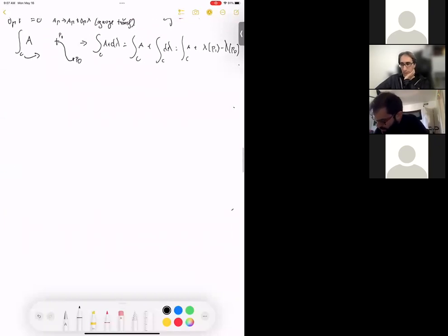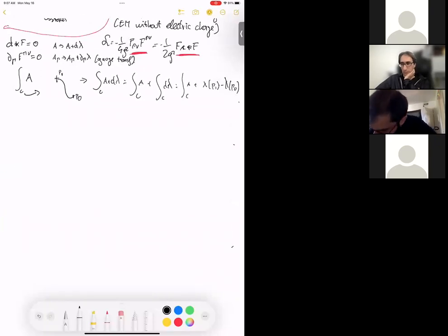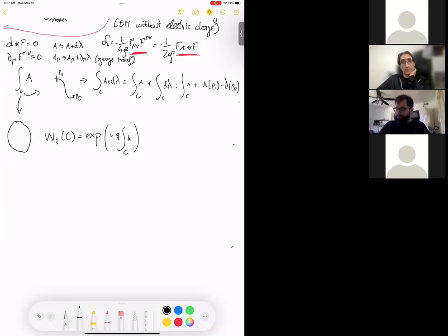But what if I just take a curve C, which is a closed loop? Then there's no problem. And actually, people introduce these operators, which they call Wilson lines, that depend on a curve C, and they are described as the exponential of i Q integral of A over the closed curve C. In quantum field theory, one is used to operators that are associated to points.